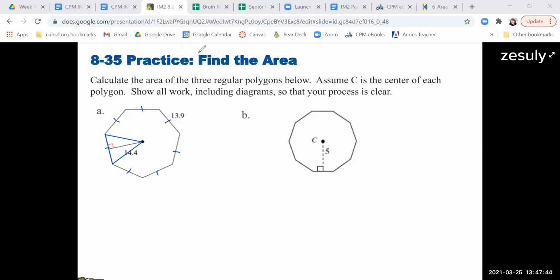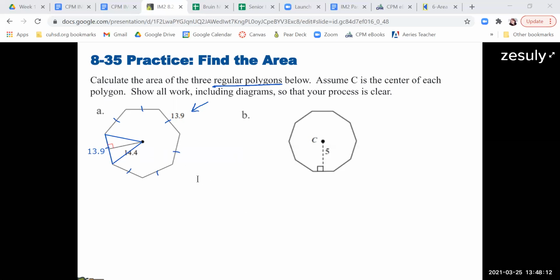All right, now, those marks I just put in there are marks I'm allowed to put in because we know that they are regular polygons. These are regular polygons, which means all their sides are equal. So if that side over here is 13.9, so is this one over here. So I'm going to go ahead and write 13.9 right here. This side just happens to be the exact same length as every other side around the edge of this thing.